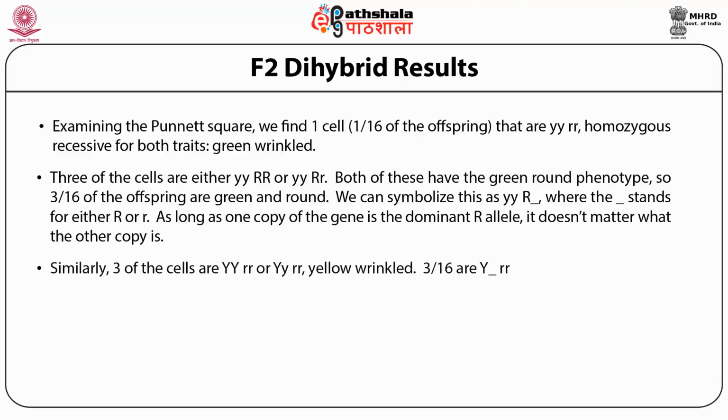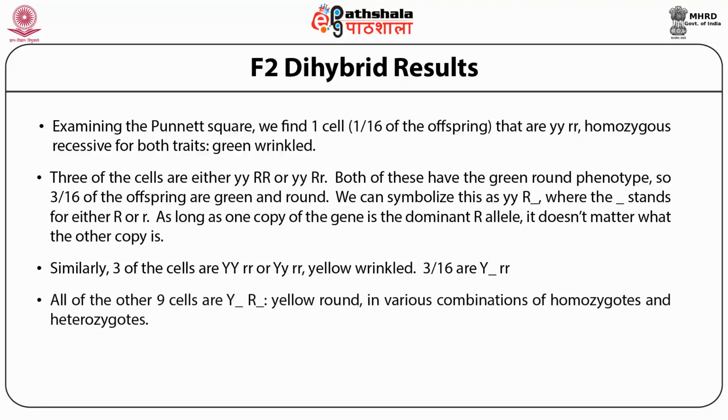Similarly, 3 of the cells are capital YY, small rr, or capital Yy, small rr, which means yellow wrinkled. 3 out of 16 are capital Y, blank, small rr.